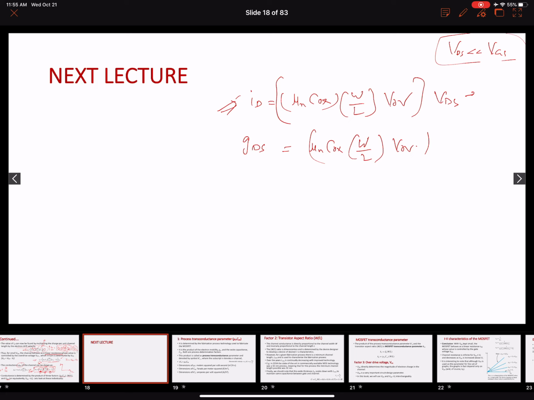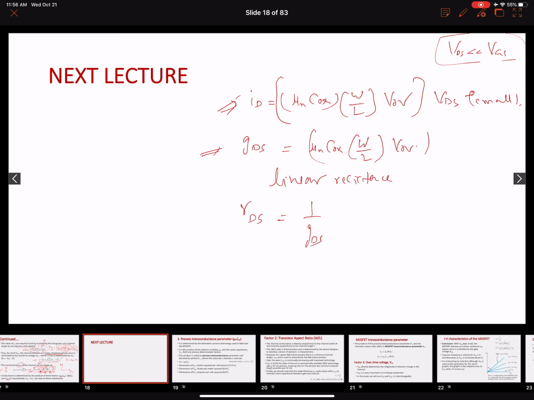Okay, so the important thing over here is that when the VDS value is small, our channel behaves as a linear resistance, right? And the value of this linear resistance is equal to 1 over GDS.